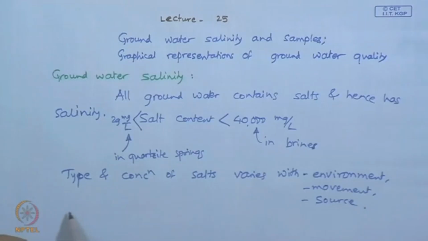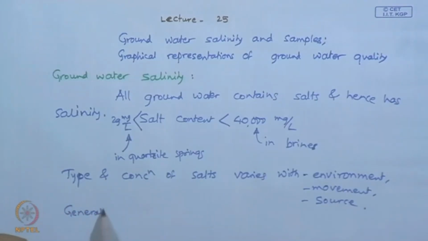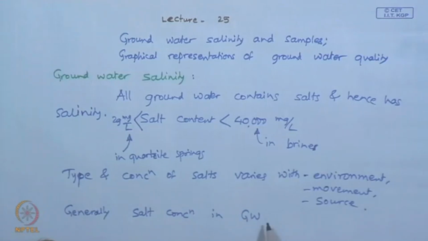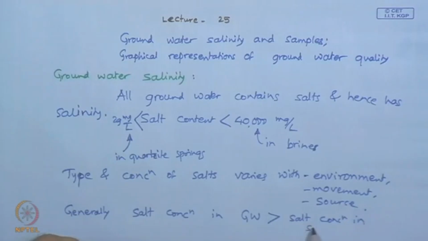Generally, the salt concentration in groundwater, GW being the abbreviation for groundwater, is much greater than the salt concentration in surface water.